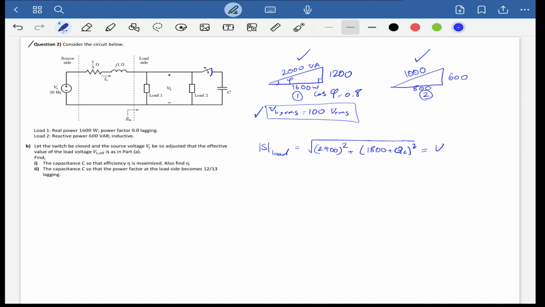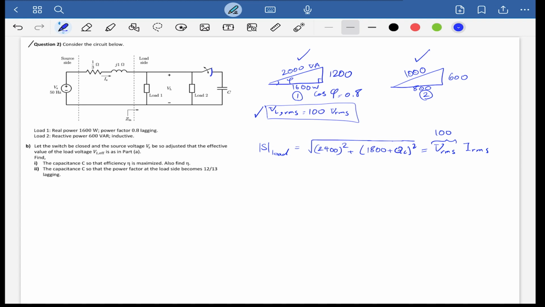And this is also equal to VRMS times IRMS. But keep in mind that VRMS is given, because we don't change the VRMS, so it is 100, but IRMS will be changed. It won't be the same as the previous one. So this is not like a substitution theorem. V and I won't change in magnitude, but their phases, the IRMS, will be changed whenever we go to phasor domain circuits.